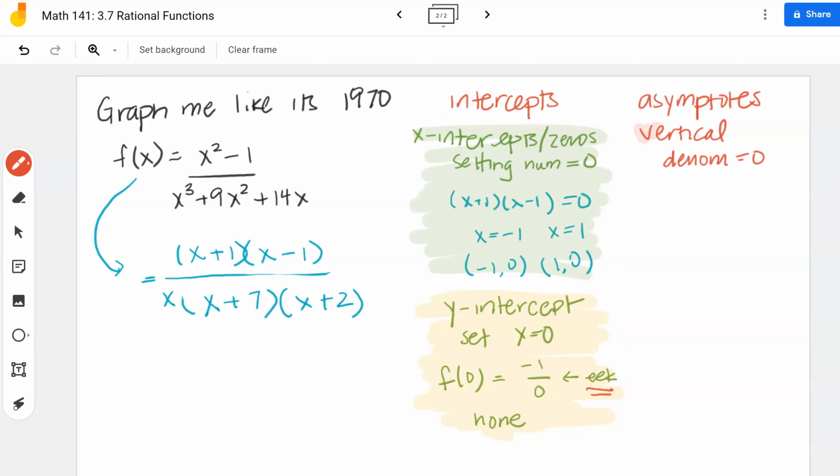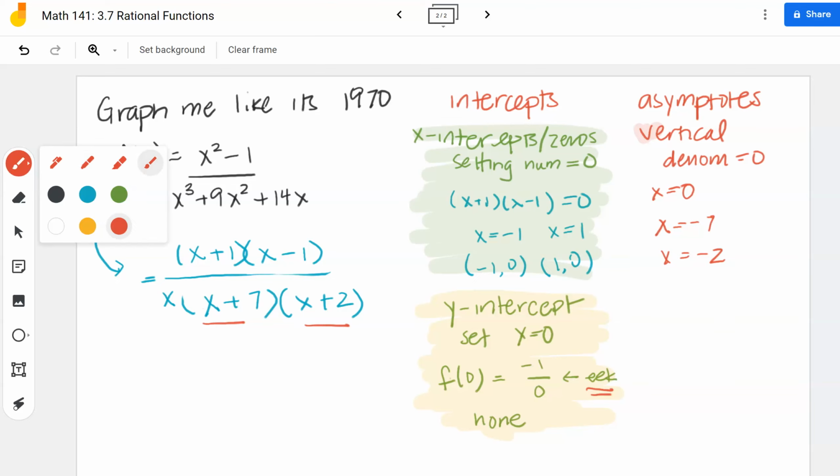So we know x is equal to 0 is one of those vertical asymptotes. And this is actually correct. That is the equation for a vertical line. We can also see there are two more solutions: x is equal to negative 7, x is equal to negative 2. Those are our vertical asymptotes for our function. All right.